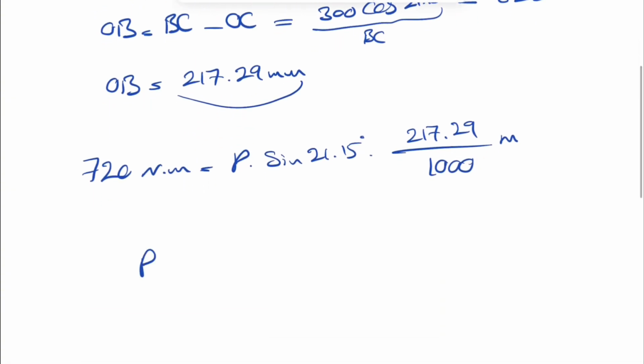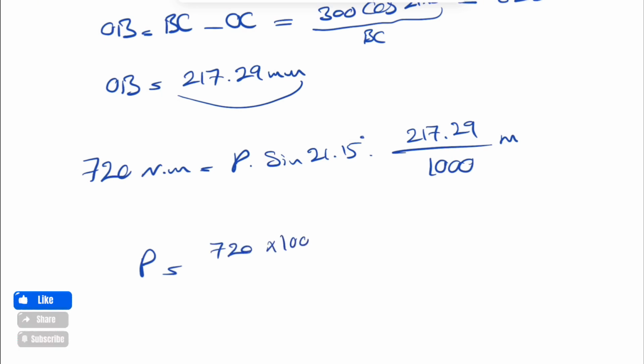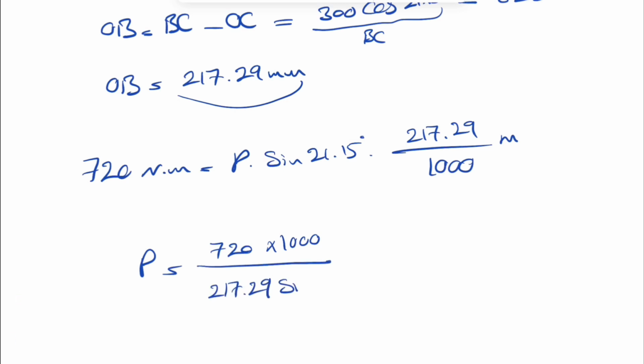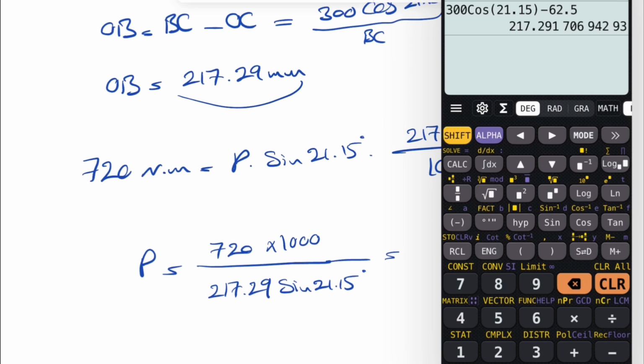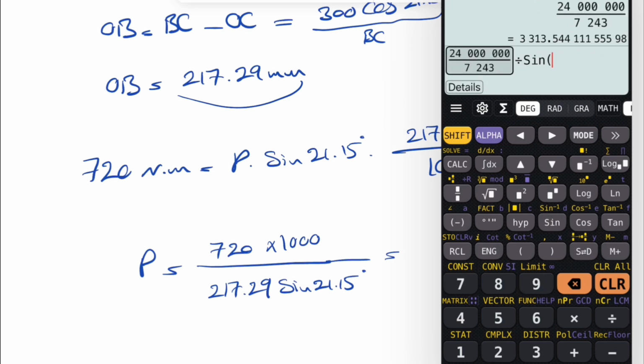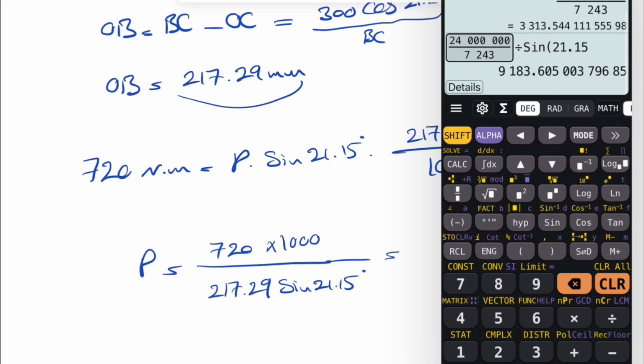After this, we should be able to find our P: 720 times 1,000 divided by 270.29 sine of 21.15. Let's calculate this. 270.29 times sine of 21.15.